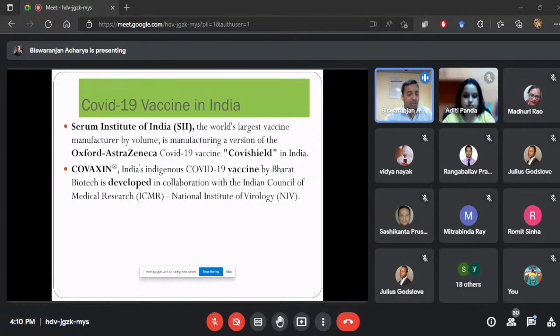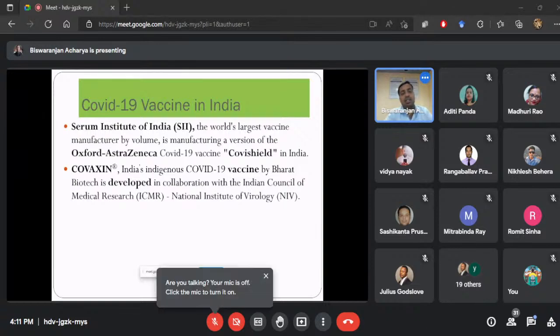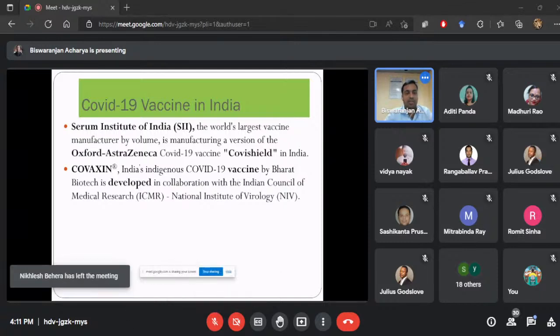Another huge amount of vaccine is given by Oxford AstraZeneca, that is Covishield. Why am I telling you about two types of vaccines here? Because when no one knew what a coronavirus was and what the vaccination process would be, whenever we suffered this situation, immediately the manufacturers or researchers developed the vaccination and also manufactured it.